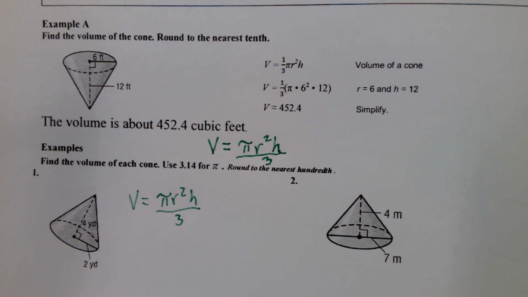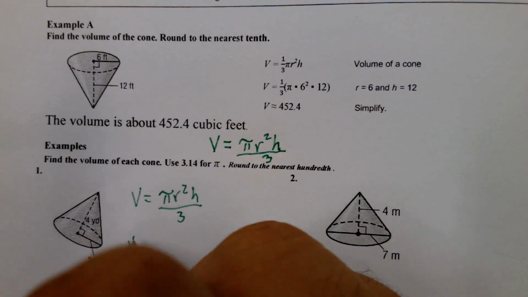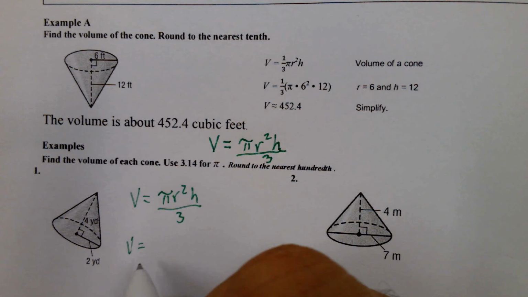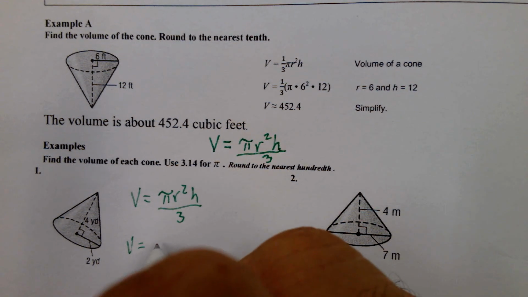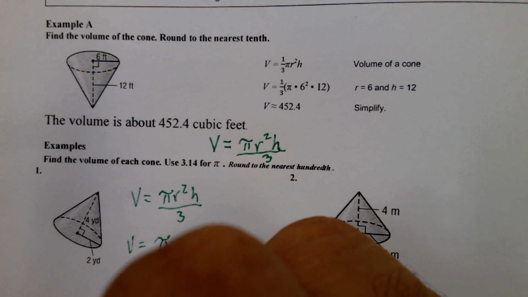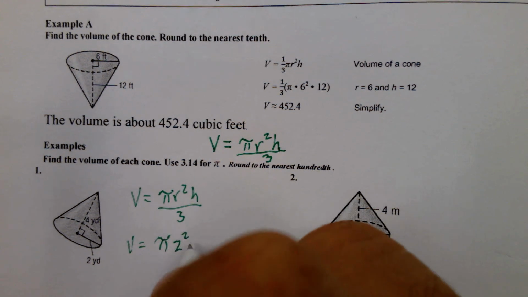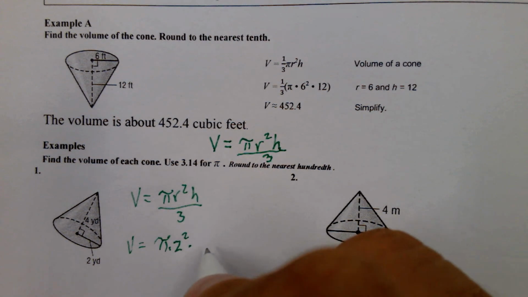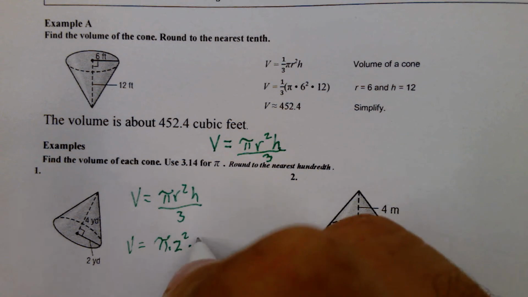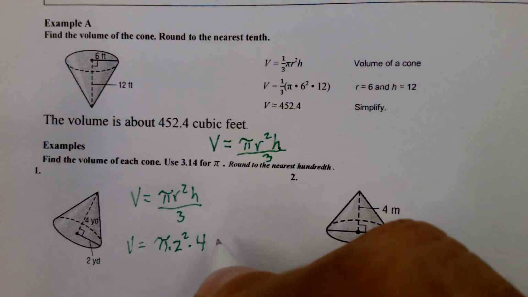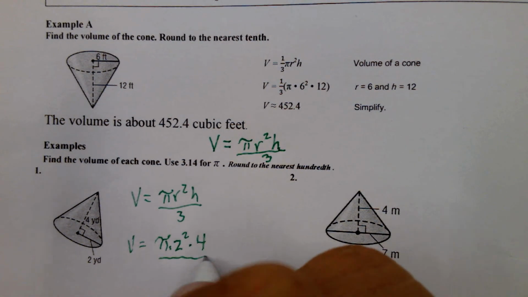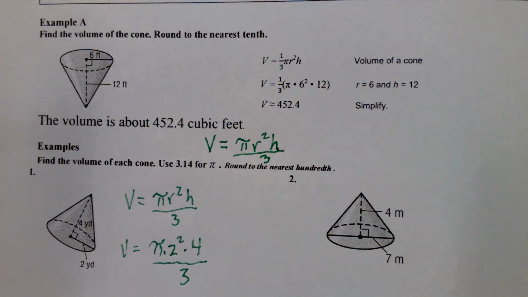And then you divide that by 3. So that means we would take our radius, which is 2. So we want pi times 2 squared times the height, which is 4. And then divide that by 3.